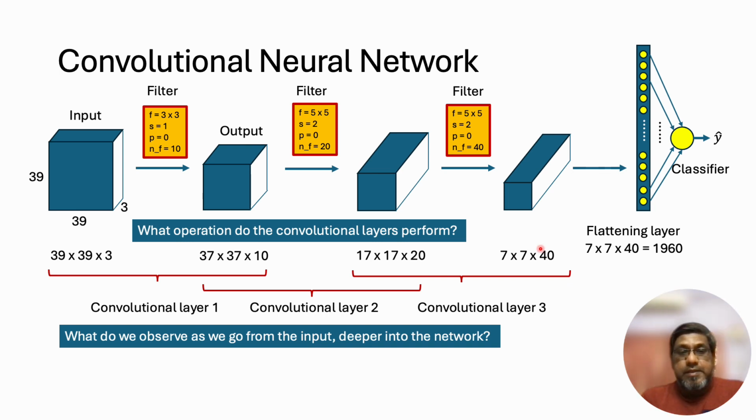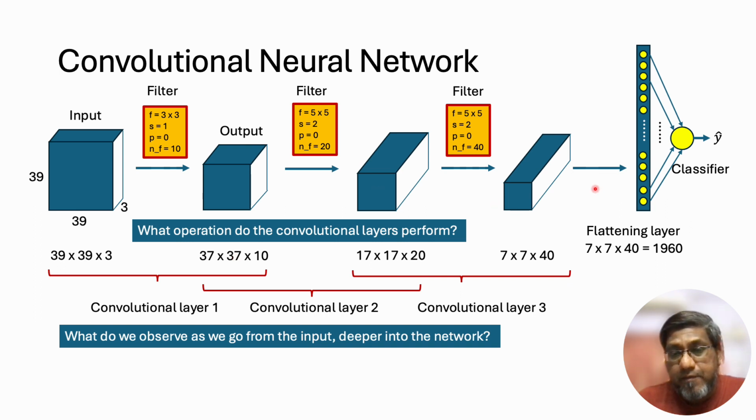So what we notice is that the dimensions in terms of the width and height are becoming smaller and smaller, and the dimension in terms of the number of channels is increasing as we go deeper into the convolutional network from one convolutional layer to the next convolutional layer.